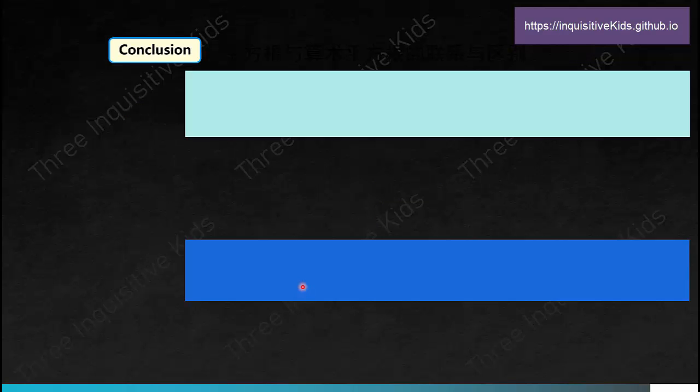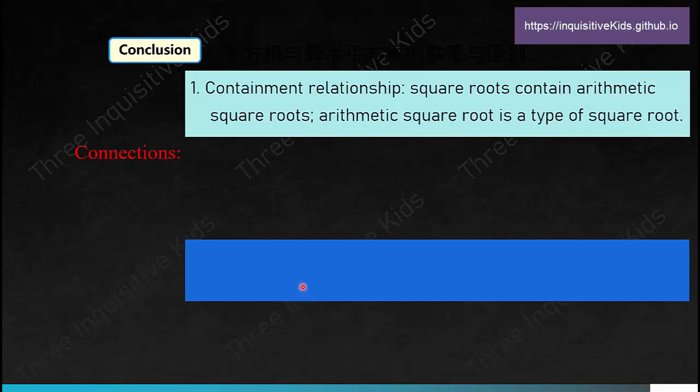The conclusion I want you to have is the connection between square roots and arithmetic square roots. Here's a containment relationship. Square roots contain arithmetic square roots. Arithmetic square root is a type of square root. So when you say arithmetic square roots, remember they can only be positive or 0.